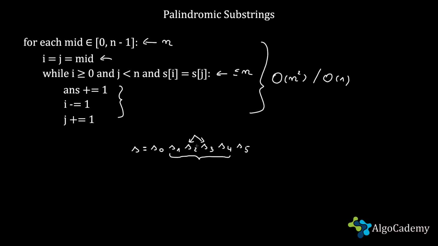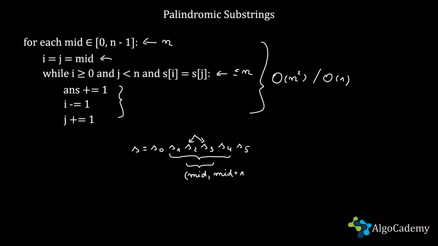So the only thing that we need to do here is, instead of first choosing the middle character, we are going to choose the middle characters. And of course, the middle characters are going to be consecutive ones, so their positions will be represented by a pair of consecutive numbers, mid and mid plus 1.